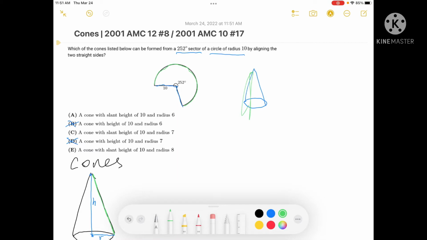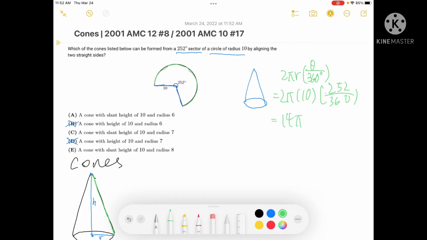Over here, the green length is just equal to 2 pi r times the angle theta over 360 degrees, which is equal to 2 pi times 10 times 252 divided by 360. So we have 14 pi.